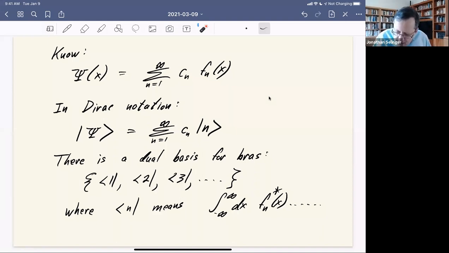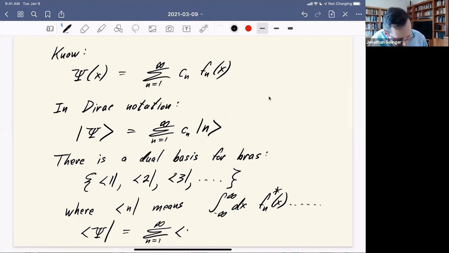That is, if you have any bra that comes along, like psi, we could write it as a sum of n equals 1 to infinity of this bra n times the coefficient Cn complex conjugate.